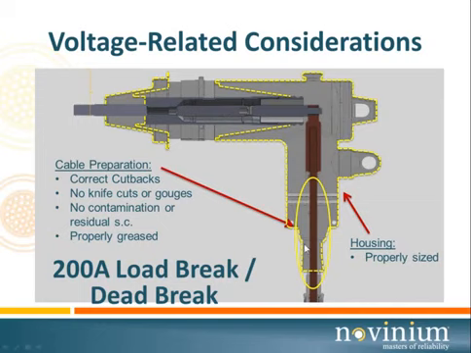The reason being that the top number, if you try to exceed that, it just gets too difficult to put the part together, and your splicers are going to complain about it. So we're only concerned about the minimum number. What does that number mean? It tells you the minimum diameter of this insulation across here that this housing will work properly on.